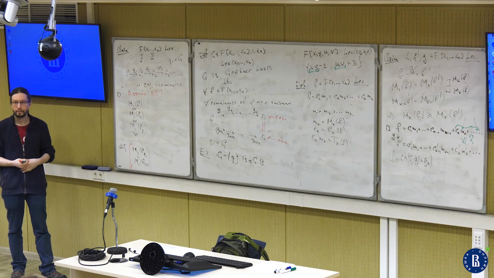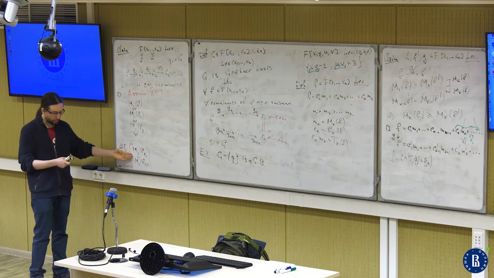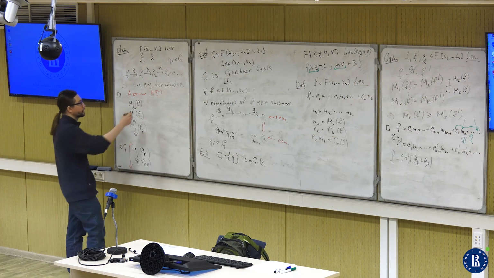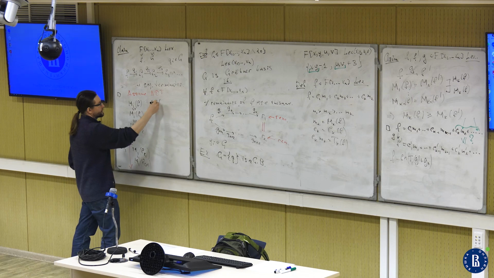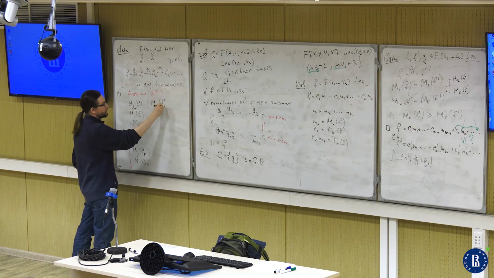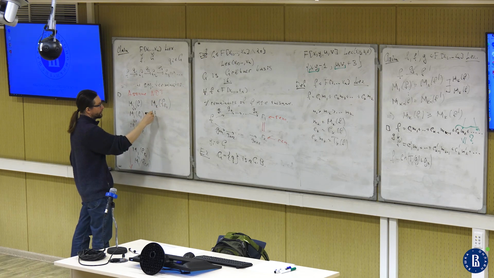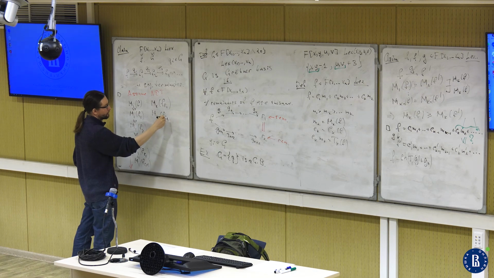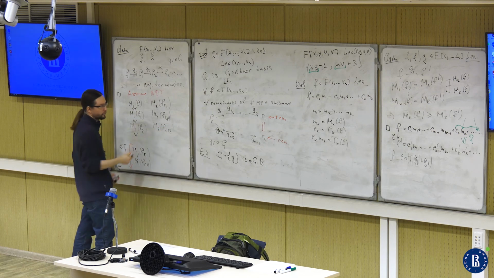Okay? Now, after this point, we should take a look at the second highest monomials of the polynomials, M2 of R1 plus 1, M2 of R1 plus 2, and so on.